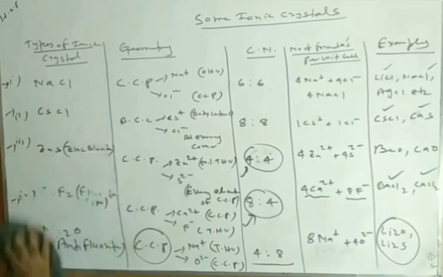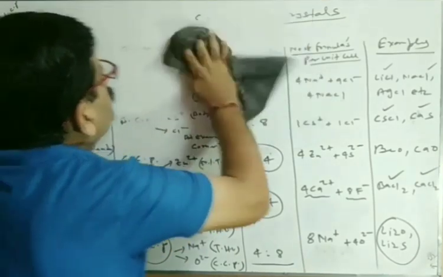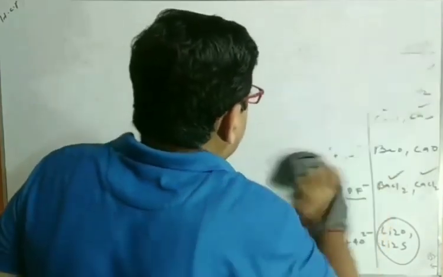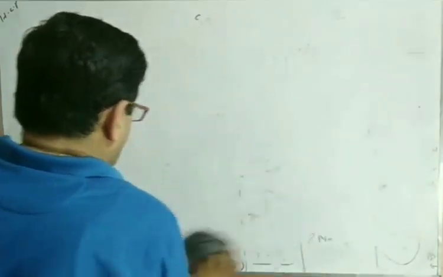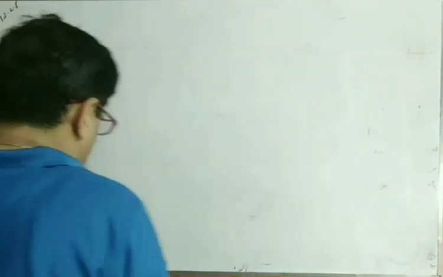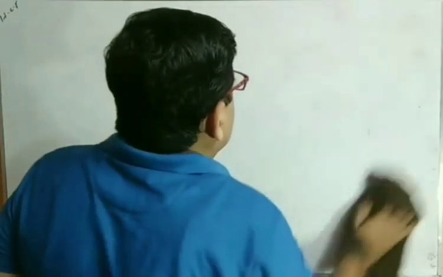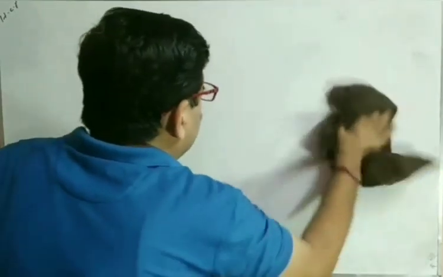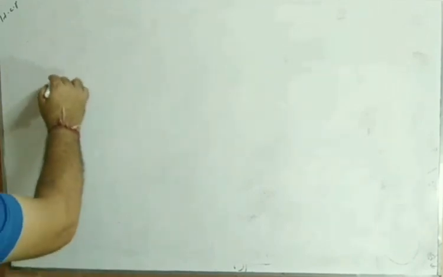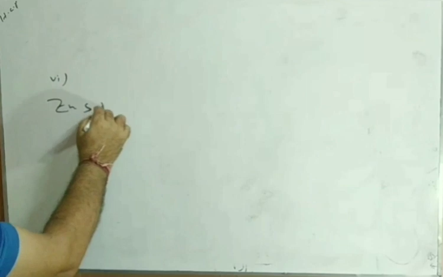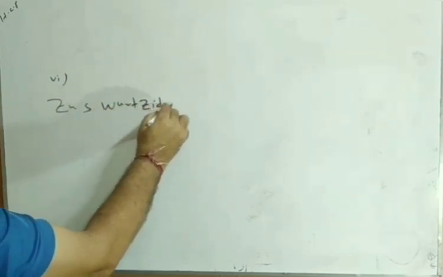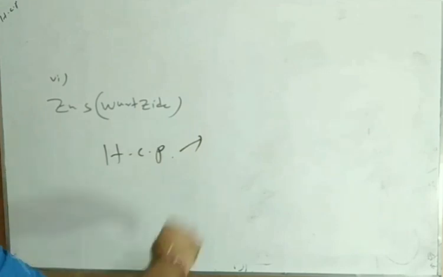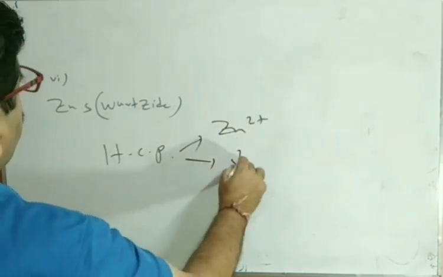The last example, our sixth number, ZnS, that is wurtzite. Here HCP arrangement becomes possible, zinc 2 plus and S2 minus.